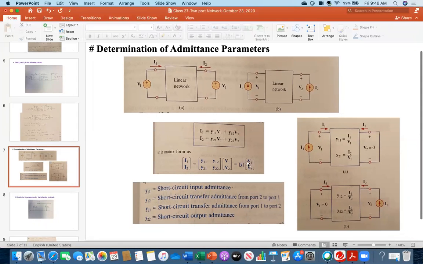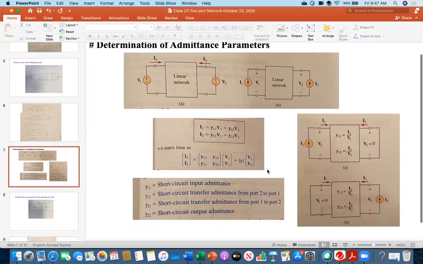Similarly, next case, to find Y12 and Y22, you will be making the left side first port short circuit, and then you apply the current source on the right side. Just make the left side short. So if you do that, now your V1 is 0. So in this basic equation, if you make V1 0, then you will be getting Y12 as I1 over V2. Similarly, Y22 is I2 over V2.